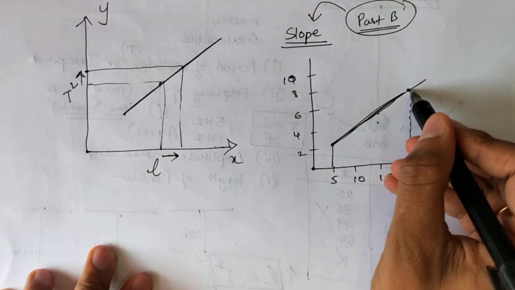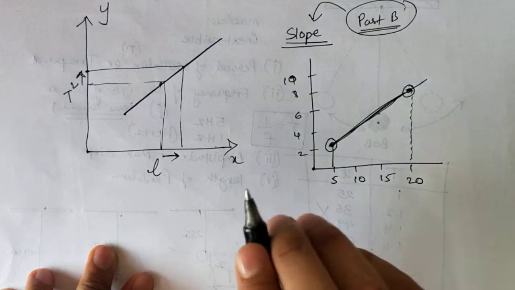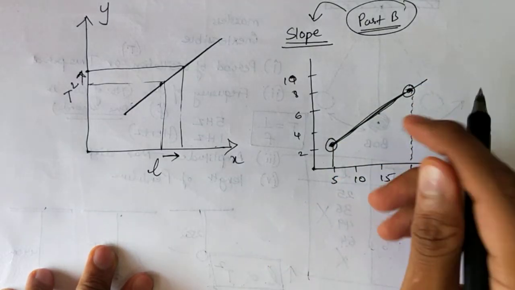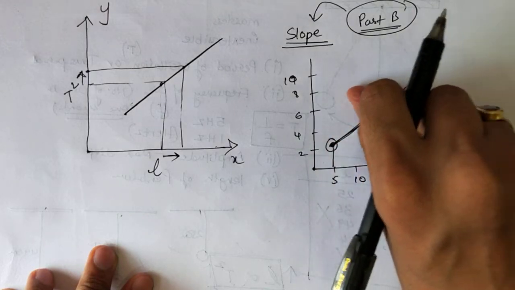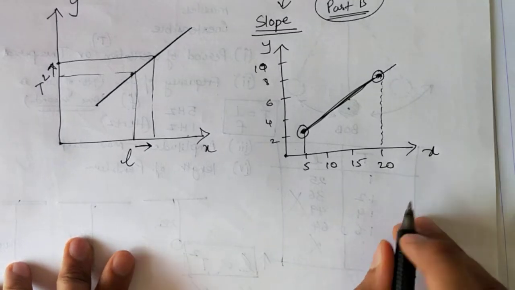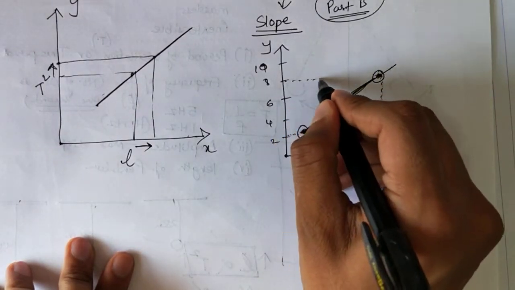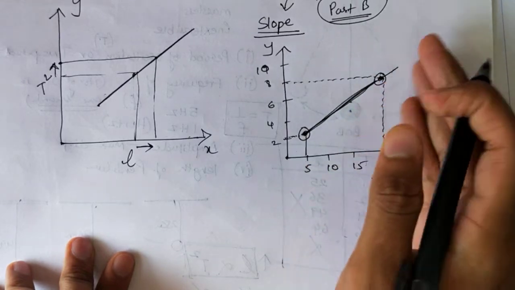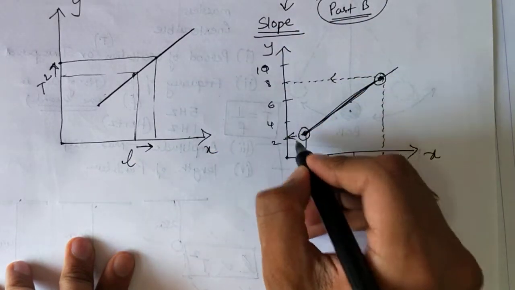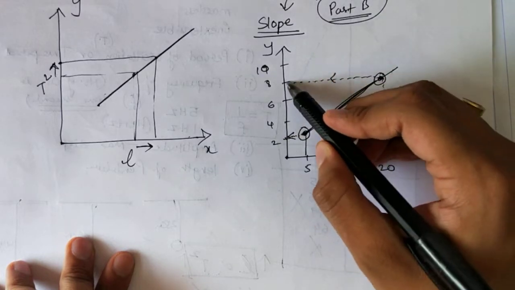I will take any 2 points on this line, and then see the values of these 2 points on the y-axis. This is the y-axis and this is the x-axis. You go on the left hand side like this and see the values. You are getting the values as 2 and 8.